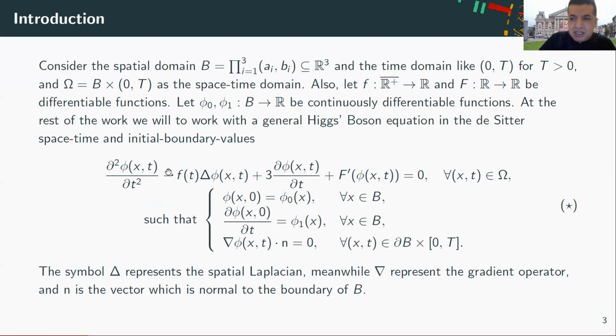Here we can see the partial differential equation and the initial boundary conditions, where the symbol delta represents the spatial Laplacian and the nabla symbol represents the gradient operator.